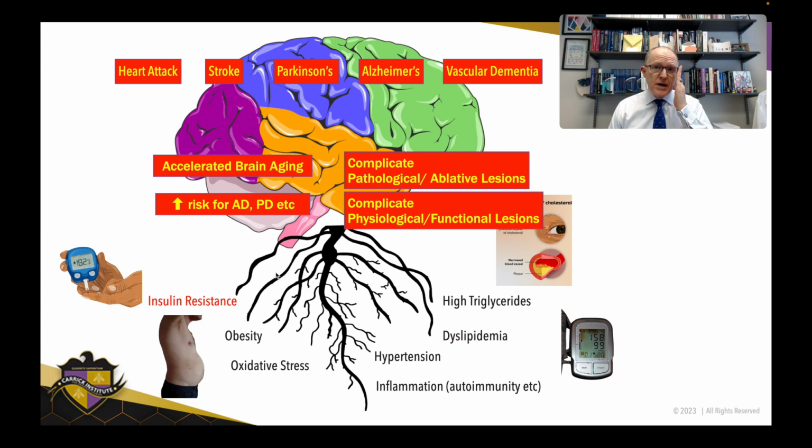So wherever you want to see your role, whether you see your role actively treating people with Parkinson's and Alzheimer's, or preventing people from getting these conditions, or addressing these conditions to make your rehab more effective more quickly, that's what you're going to learn. This is exactly how you can apply it.